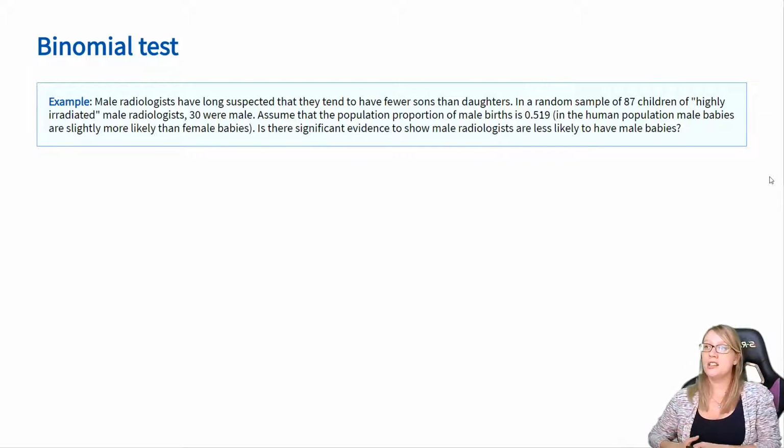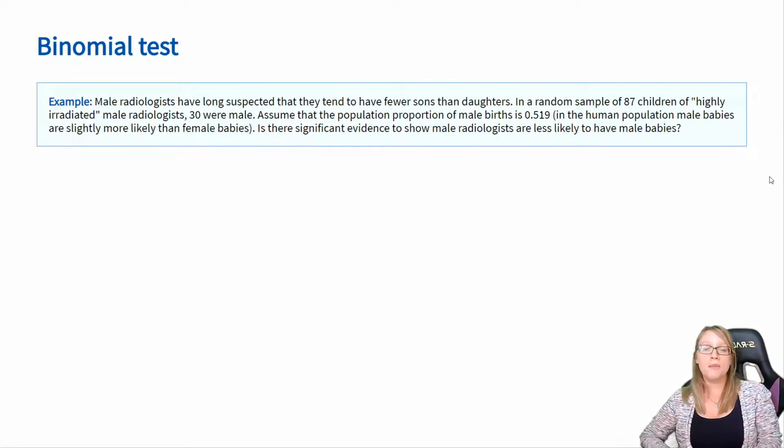Male radiologists have long suspected that they tend to have fewer sons than daughters. Now they are, through the routine performance of their job, highly exposed to radiation as X-ray technicians. I will let you imagine in your own head the effect that this could have.